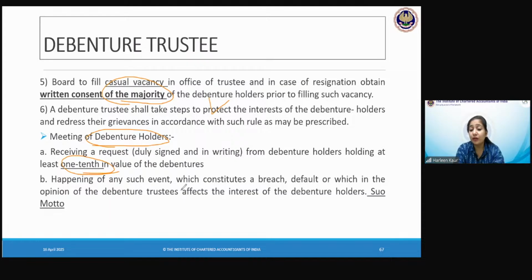But if the debenture trustees feel that any event is happening which is affecting the interest of the debenture holders, then suo motu also they can call the meeting. Suo motu means on their own. Otherwise, the meeting is called by at least 10% of the value of debenture holders. And if the debenture trustees feel that yes, there is a breach or a default which is happening, then suo motu also they can call for the meeting.